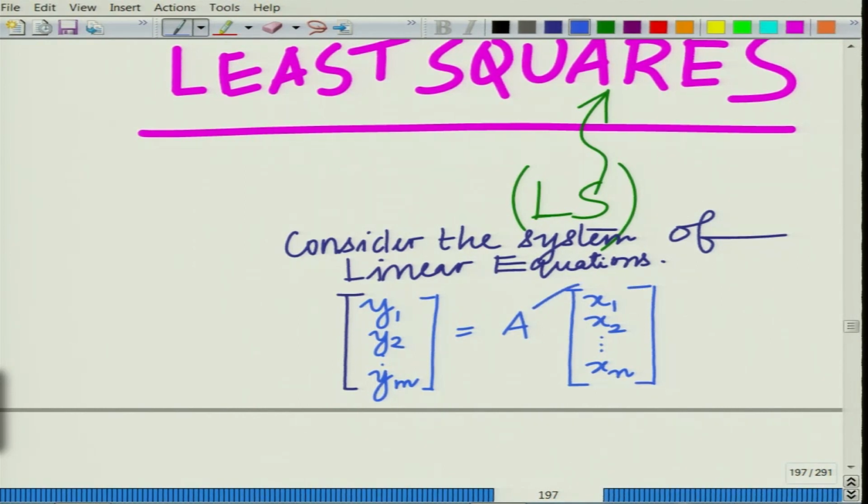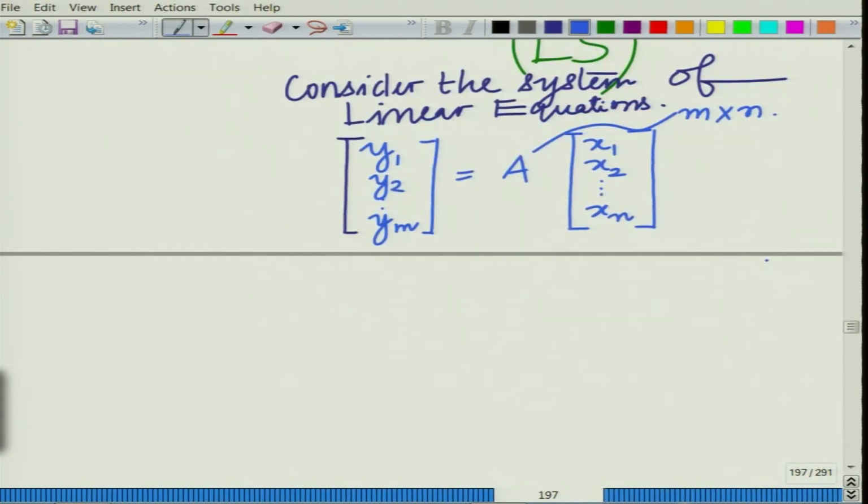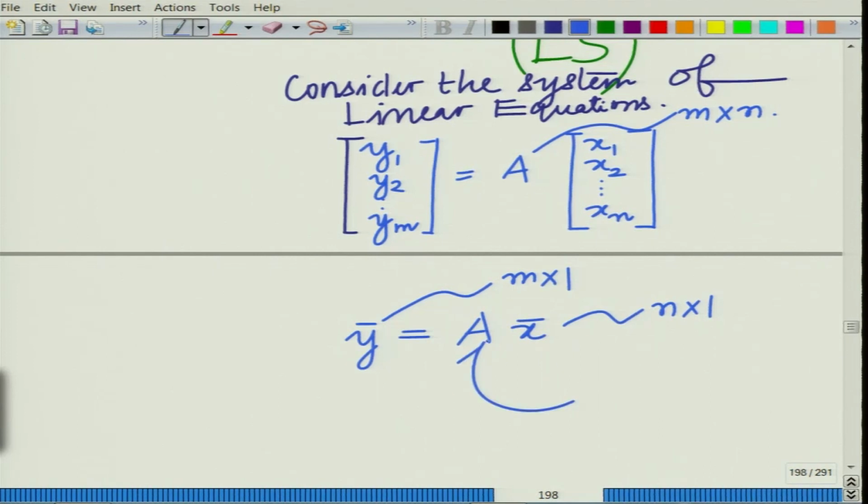This is our system of linear equations, where A is naturally an m cross n matrix. You can write this as y bar equal to A x bar, where y bar is an m cross 1 vector, x bar is n cross 1, and A maps from the n cross 1 vector x bar to the m cross 1 vector y bar.